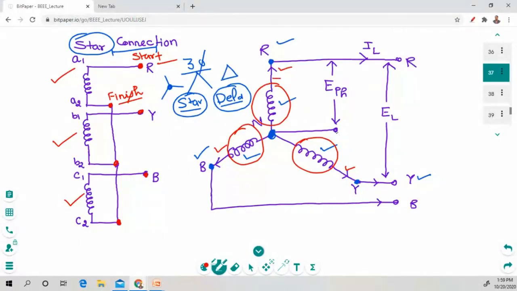Write in the chat box. If any voltage is generated between these phases, all those voltages are known as phase voltage. Phase voltage is represented as EPH, where PH is phase. All the currents across these are called phase current. Clear everyone?